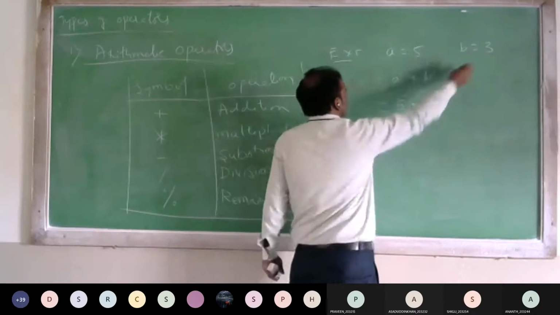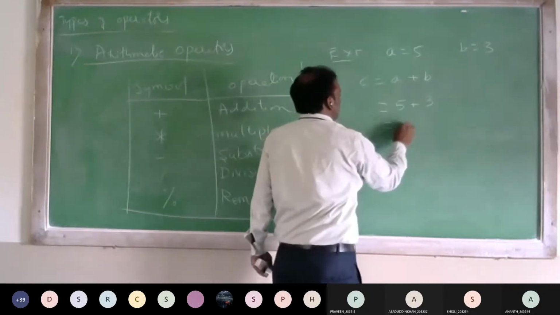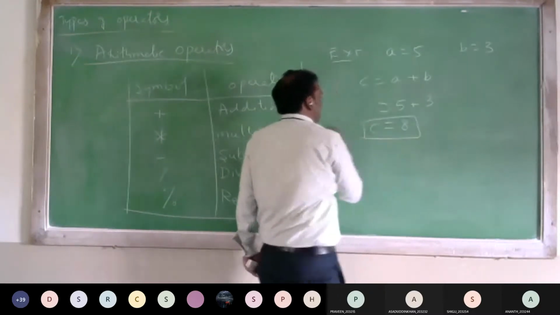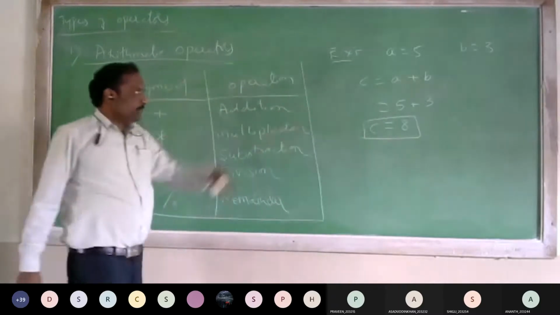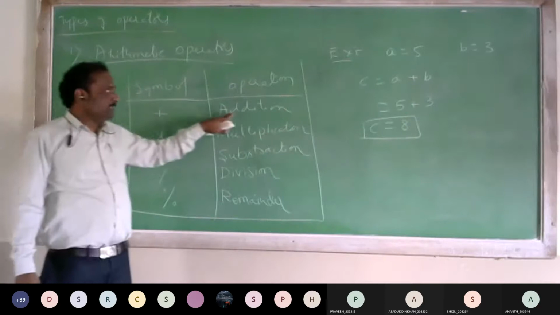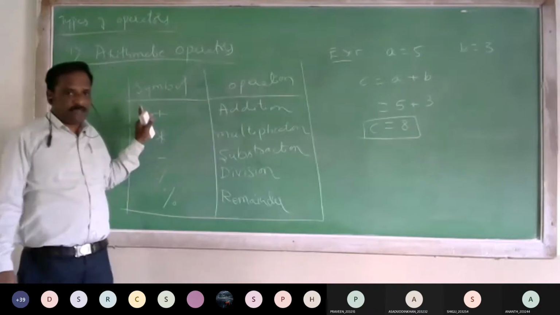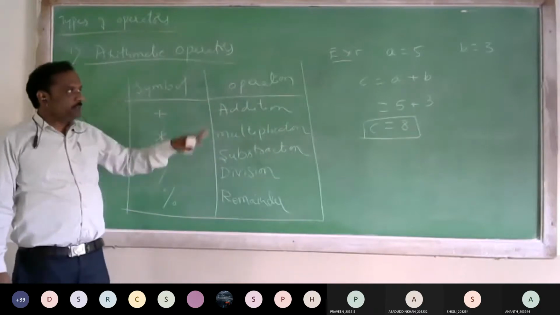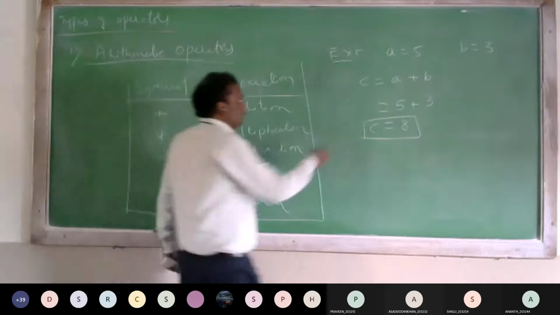A is 5. B is 3. Now C is 8. So the addition of two numbers is performed by this arithmetic operator. Plus is used for adding two values.